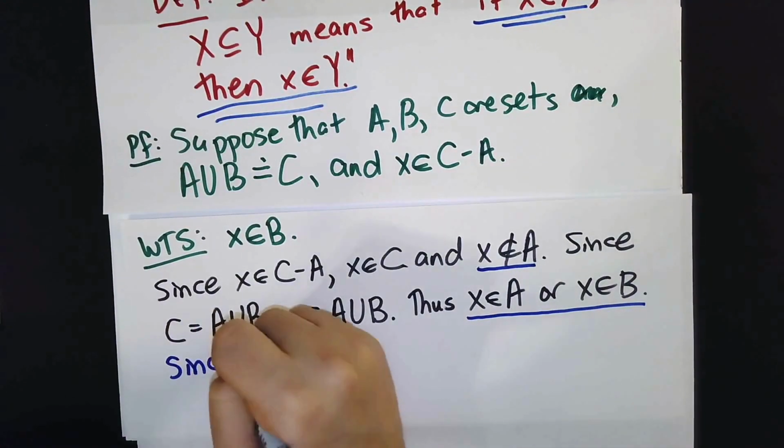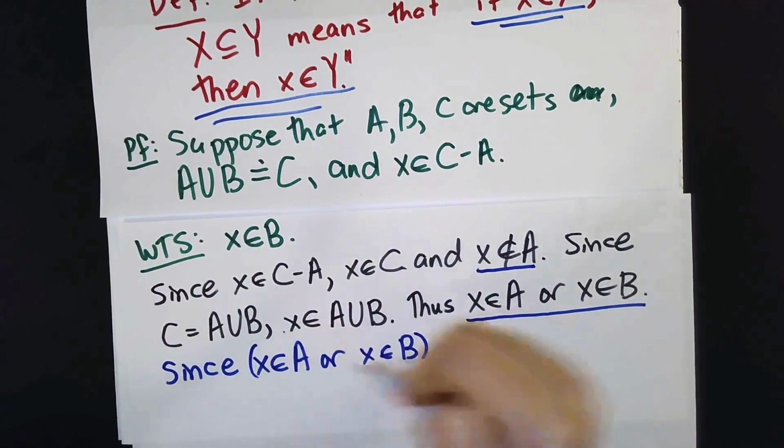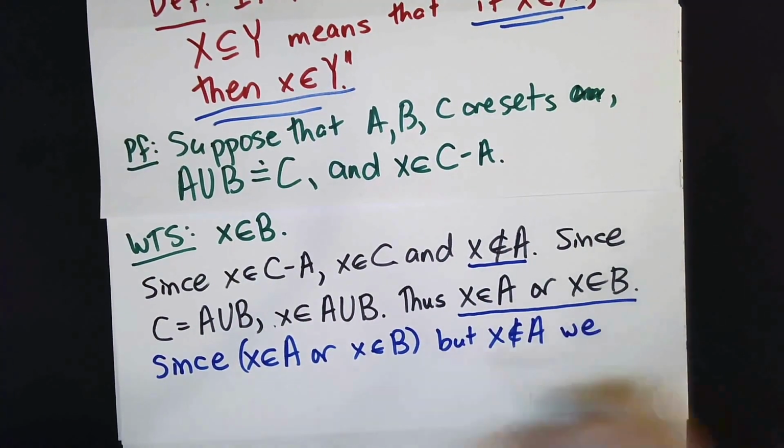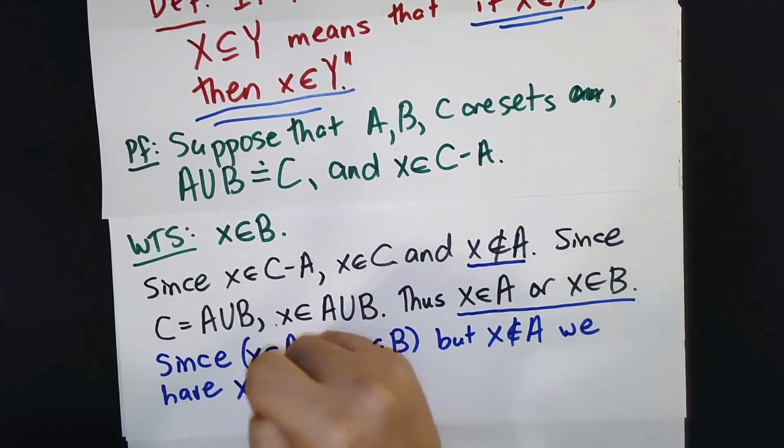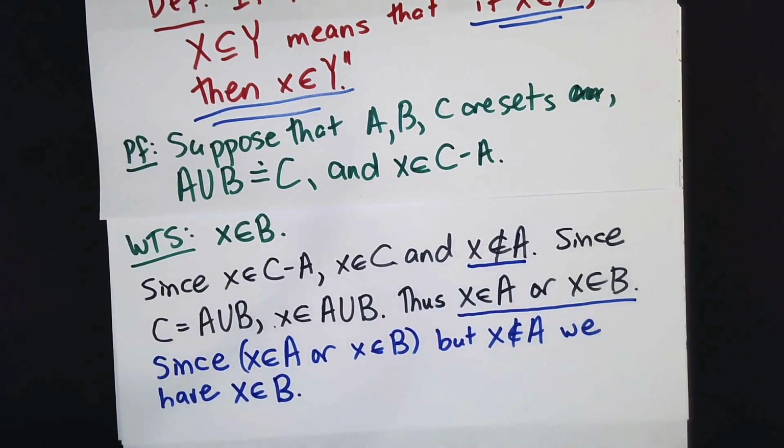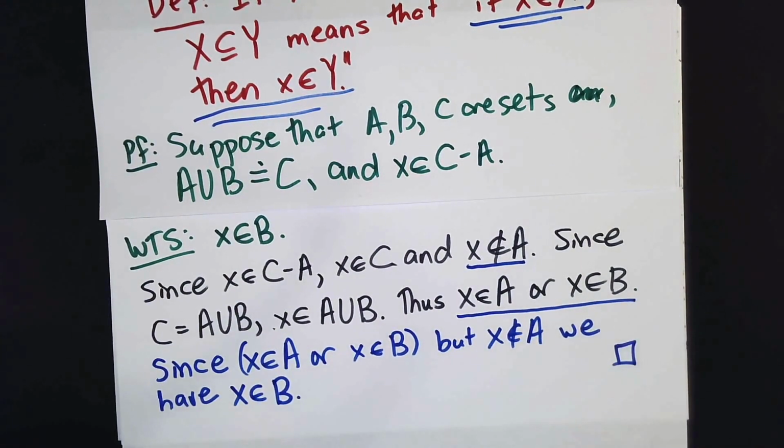So since x is in A or x is in B, but x is not in A, we have x is in B. That's what we wanted to show, so we're done.